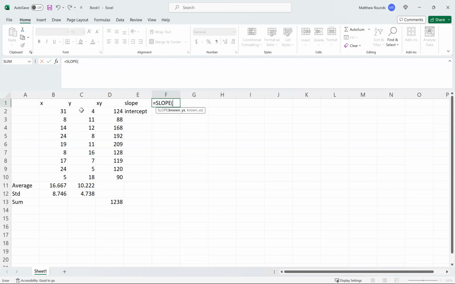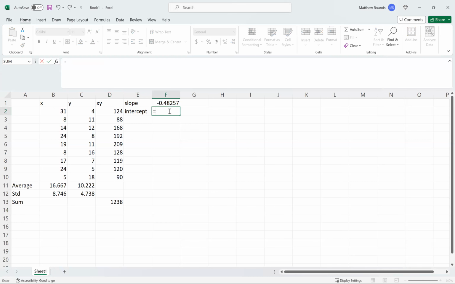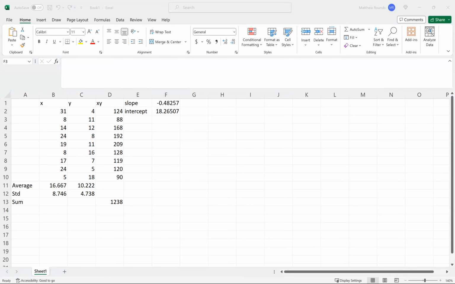So I'm going to grab the y values, comma, the x values, and it just calculates that for us. So that's minus 0.483x, and the intercept is the same thing. That's plus 18.265.